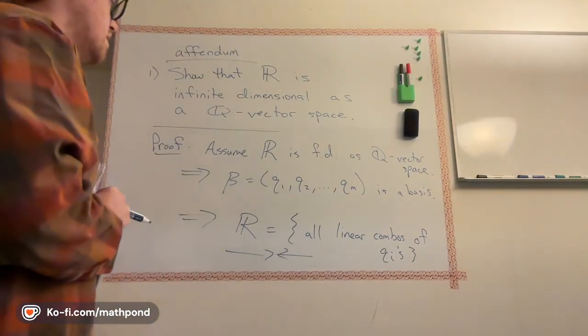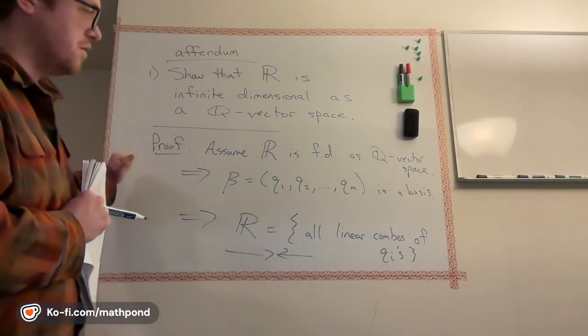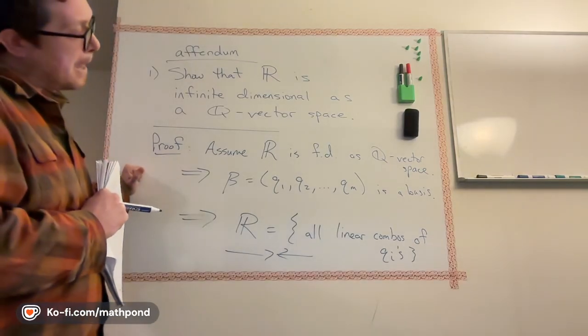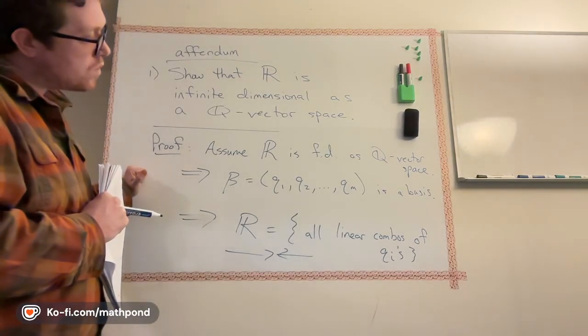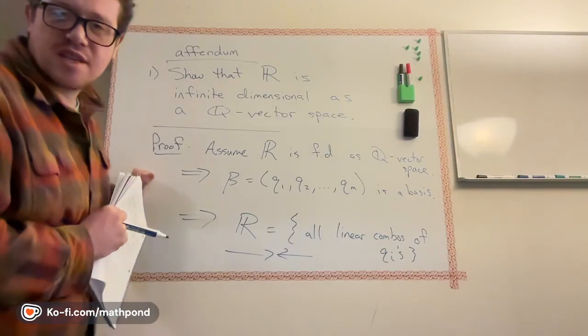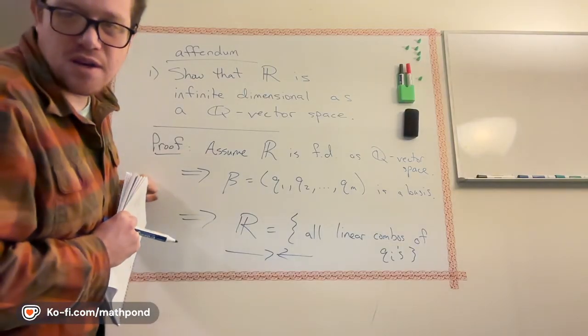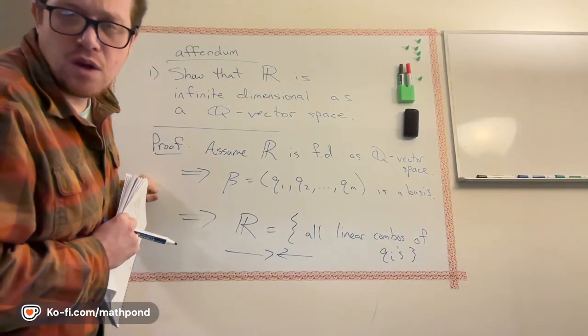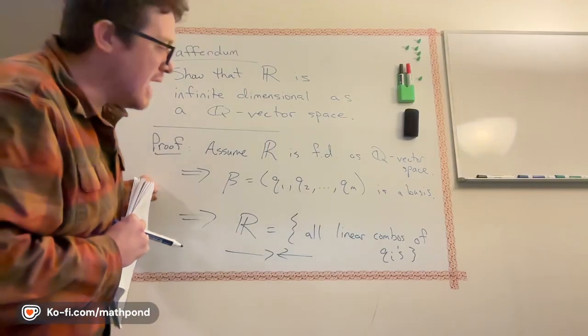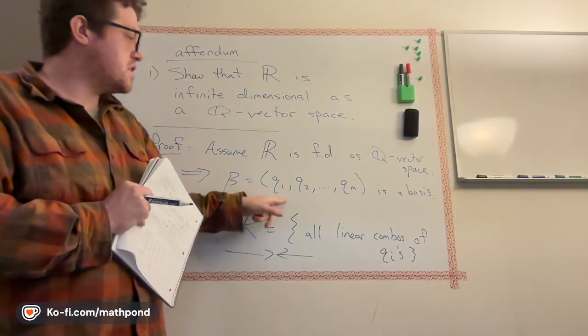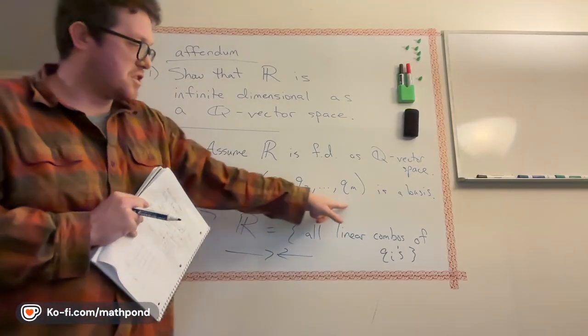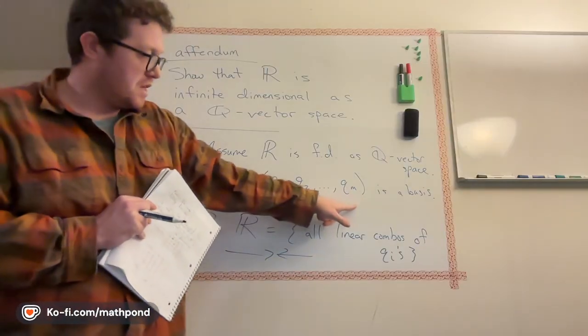I'm confusing myself. Transcendental numbers don't do anything here, right? Because these numbers could be irrational. They could be transcendental themselves.